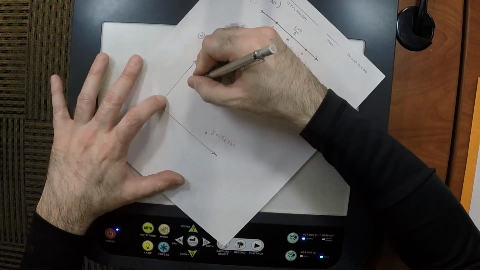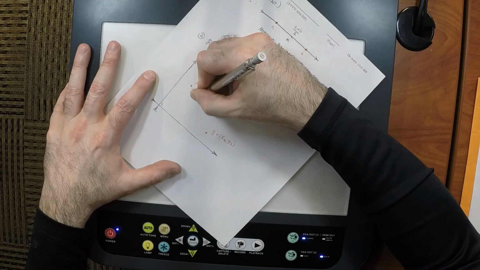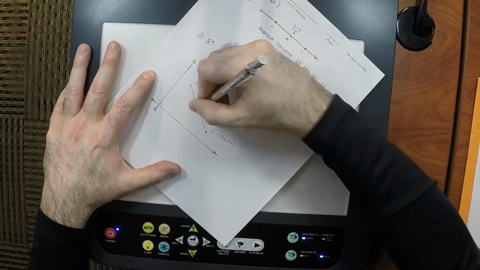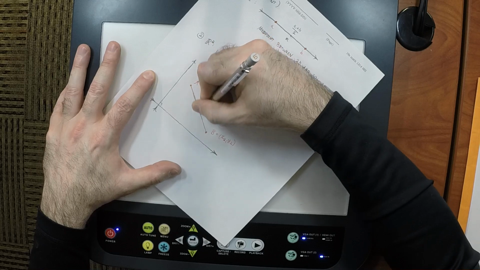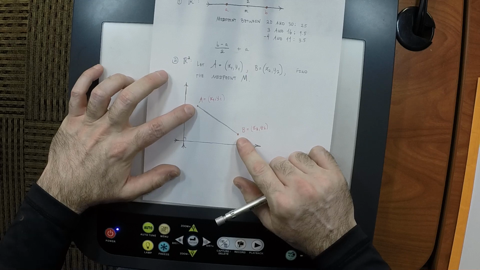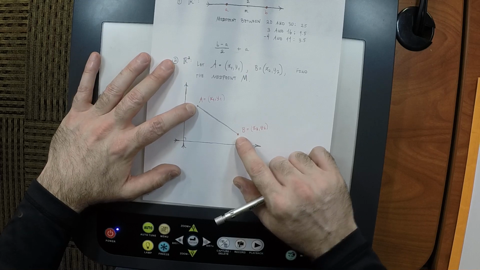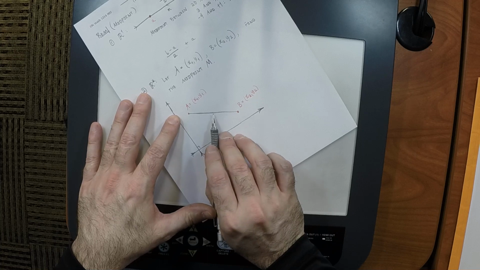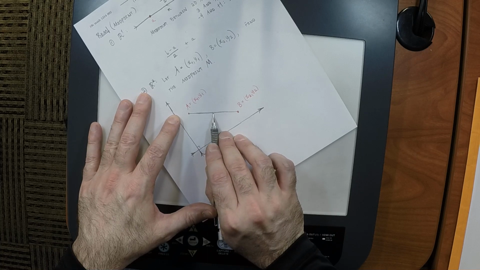And we've got this line segment connecting them. And what we want is a point that's on that line segment, and it's exactly halfway between them. So that's what we want. Just eyeballing it, it looks like it's about right there-ish.